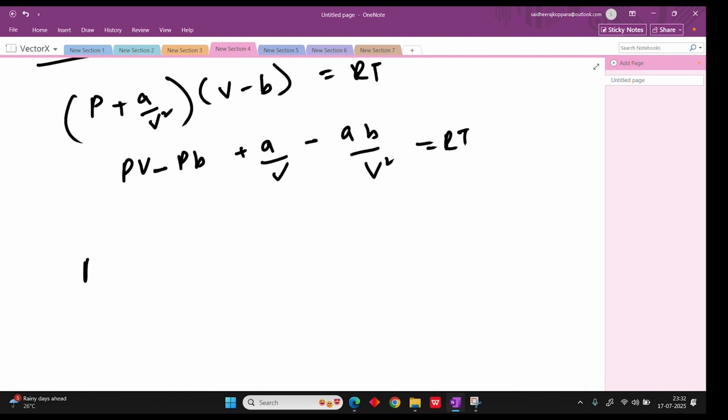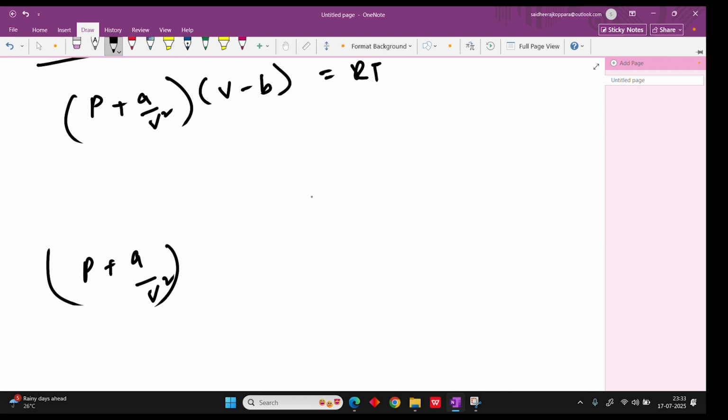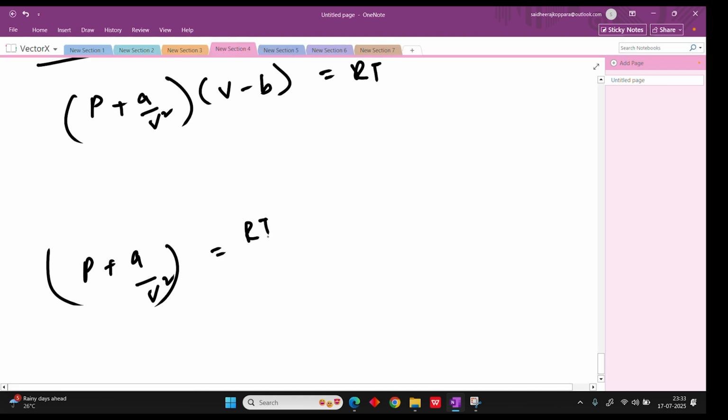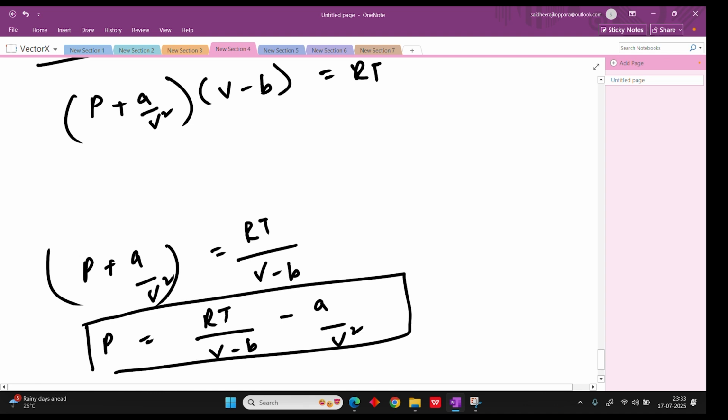Or your P plus A by V square equals, we'll just drop this line because it doesn't let us reach the Viral's equation. So your pressure equation is RT by (V minus B) minus A by V square. This is what your pressure equation is, right?